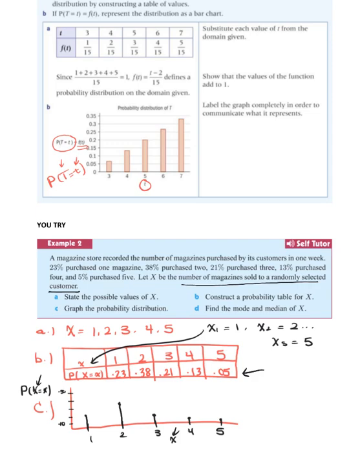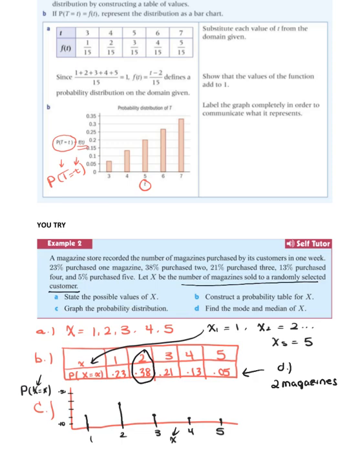That's just important context to know for the future. So lastly, D says find the mode and the median. So the mode is pretty simple because we can just look at the highest probability. And the highest probability here is 38%. So 2 magazines. So for D, 2 magazines, that is going to be the mode.